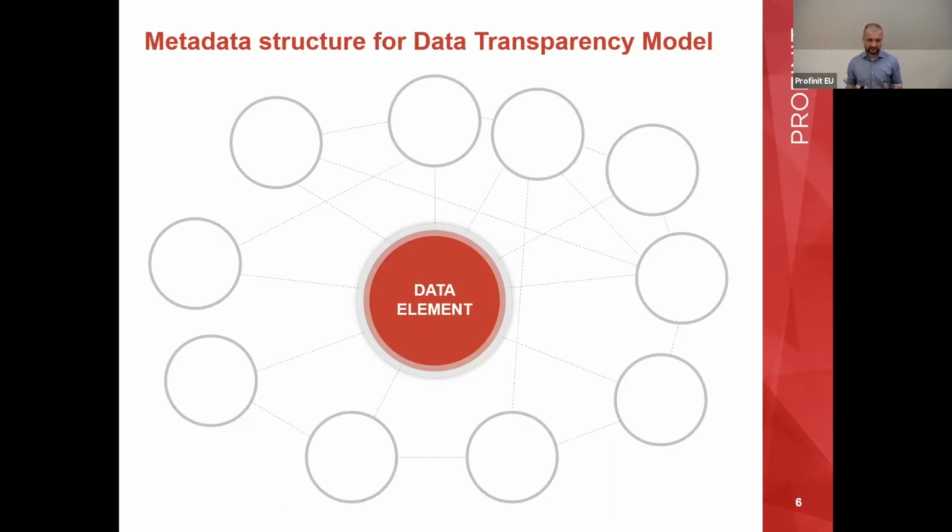And in our case, I say that we should define a data element as the lowest granularity, the maximum level of detail. What is a data element? If we talk about structured data, the easiest way to imagine a data element is a column in a database table. So it contains some data, it has some structure, it belongs to a table, it has lots of relationships, and so on.